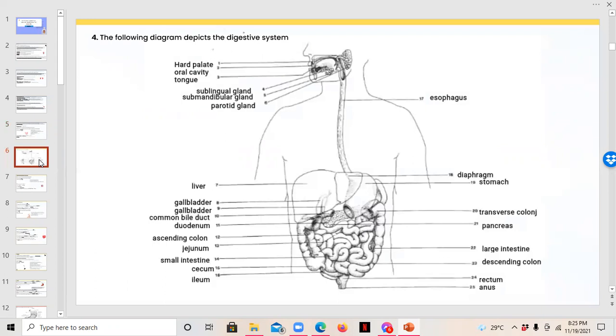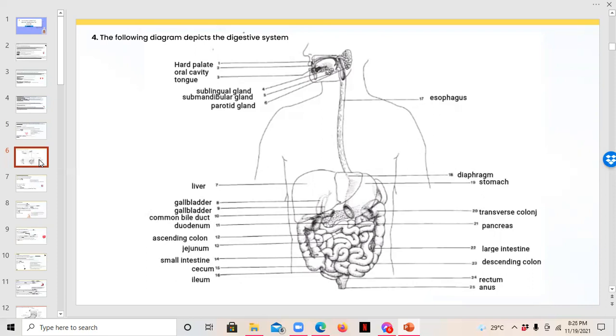Number 4, the diagram represents different parts of the human digestive system that convert food into essential nutrients absorbed by the body. Number 1, hard palate is a thin, horizontal bony plate made up of two bones of the facial skeleton located in the roof of the mouth.